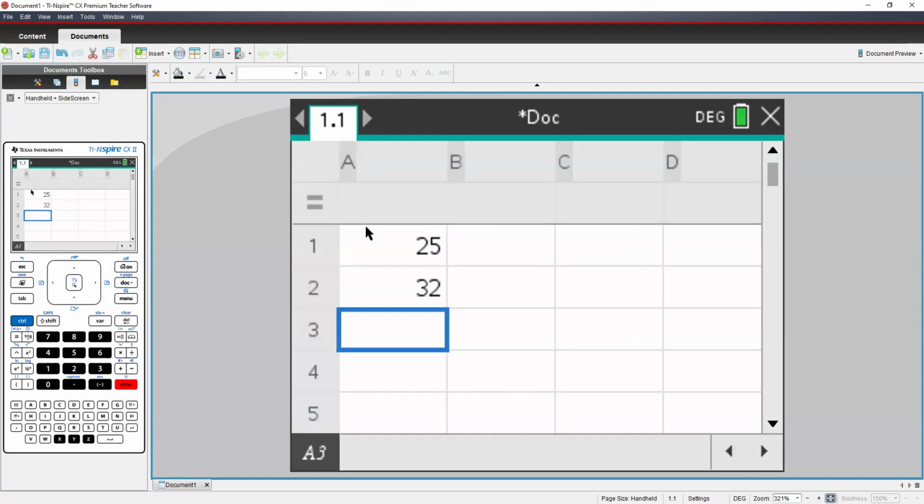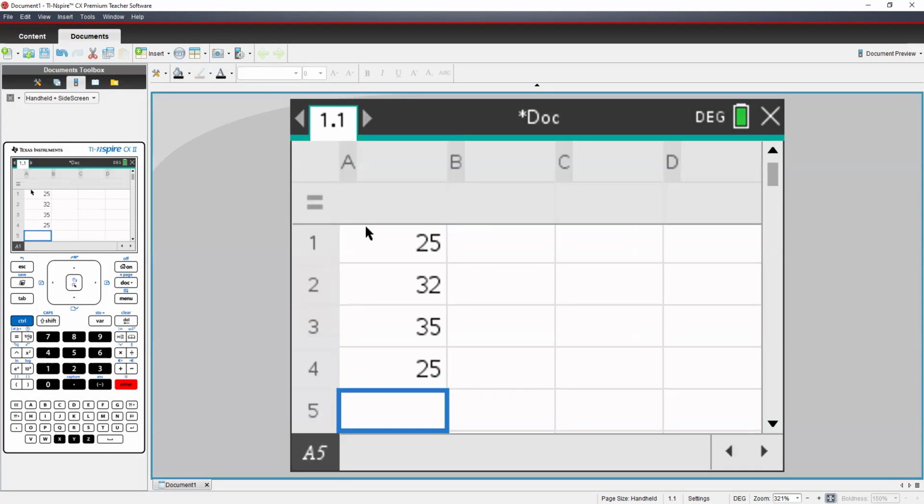So 25, 32, 35, 25, 30, 26.5, 26, 25.5, 29.5, 32, 30, 28.5, 30, 32, 28, 31.5, 29, 30, 34, 29.5, 29, 32, 27, 28, 27, 32, 29.5, 33, 28, 29. And that does give me 30, so I know I did it right, or I didn't miss any.